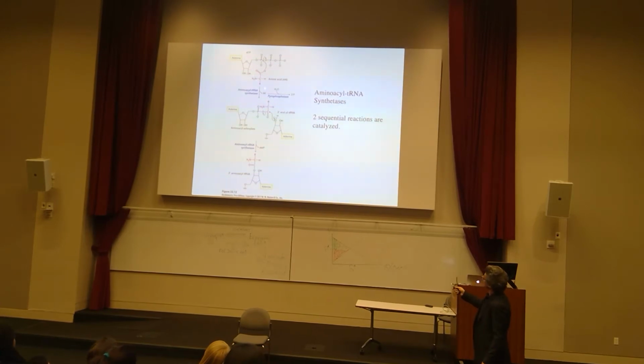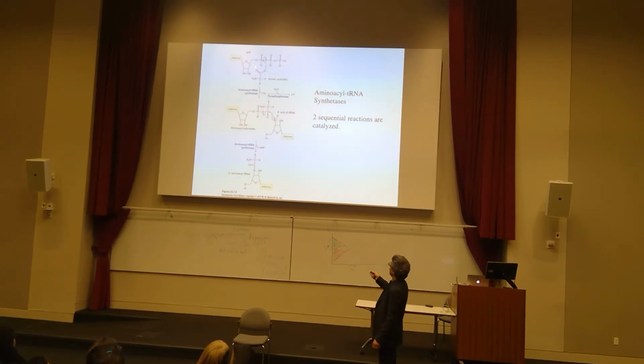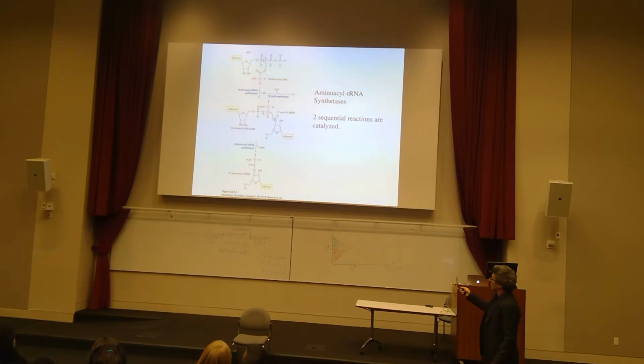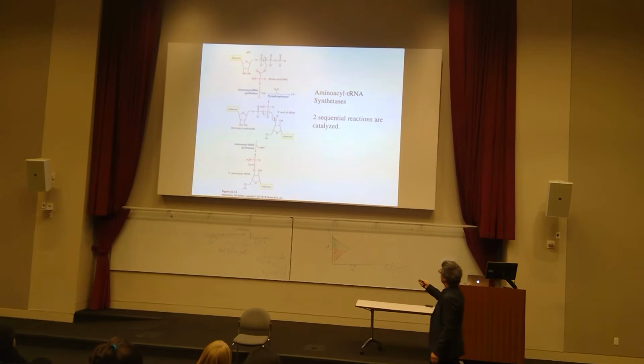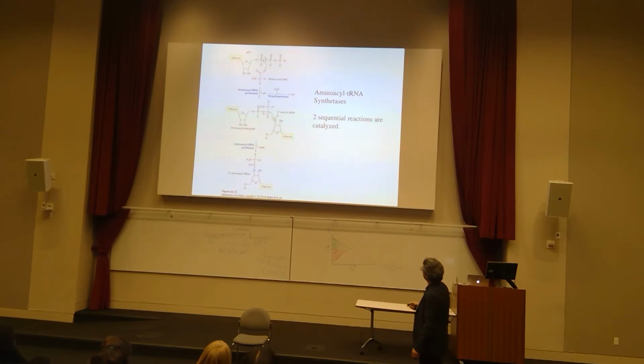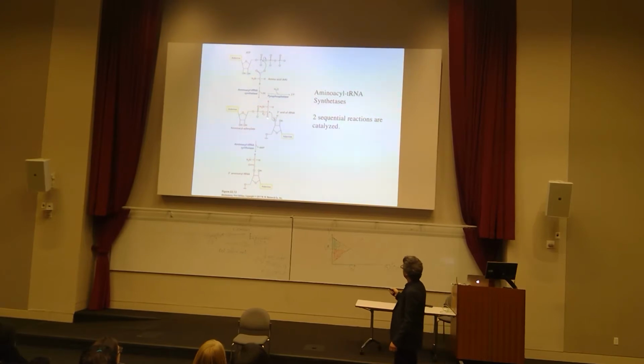Right? So you should be able to draw out this chemical reaction. Note that the carboxylate group is being used as the nucleophile. The target of the nucleophilic attack is one of our favorite targets, the alpha phosphate of a nucleotide triphosphate, and that's going to create this phosphoanhydride, this amino-acyl adenylate.